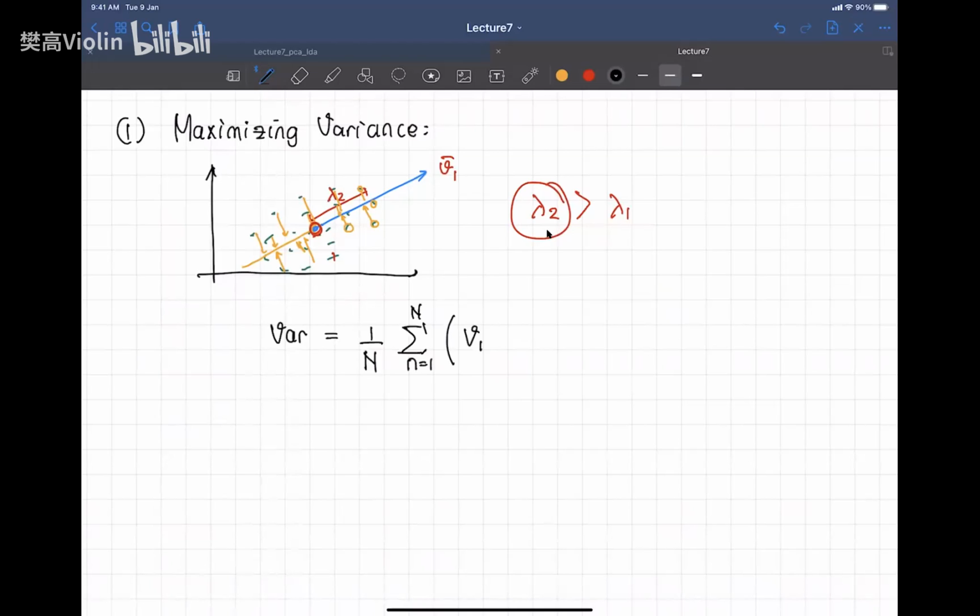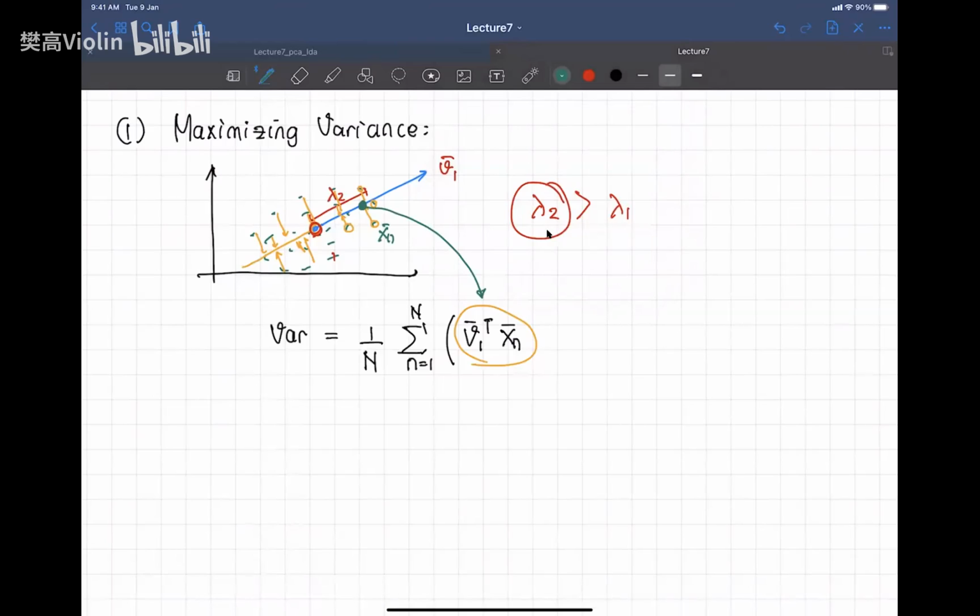V1 is the transformation. V1 is the direction, and we transform the data xn. So this equation means that we transform xn into this point. So this point here, the green point now, is this one.